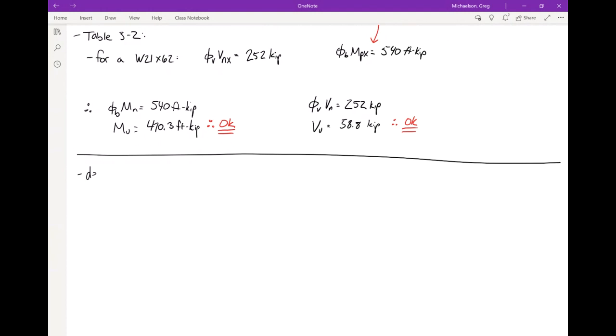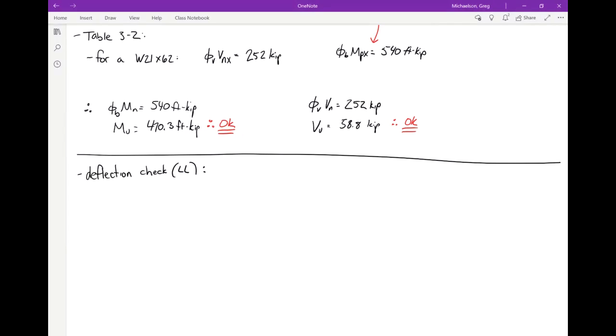And load deflection check. In structural engineering, most of our deflection checks are related to the live load, because with dead load, we can sort of get around it. For instance, in steel design, you can actually take your beam and permanently and physically bend it upwards so that the dead load deflection doesn't have an effect.